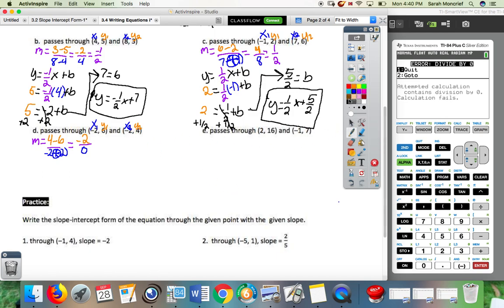So this is what we call an undefined slope.